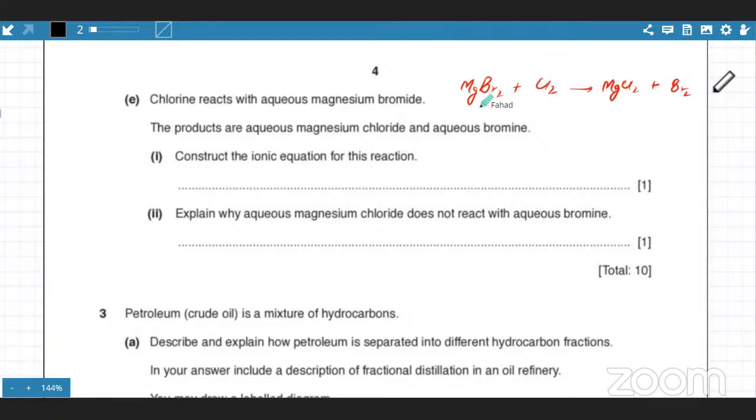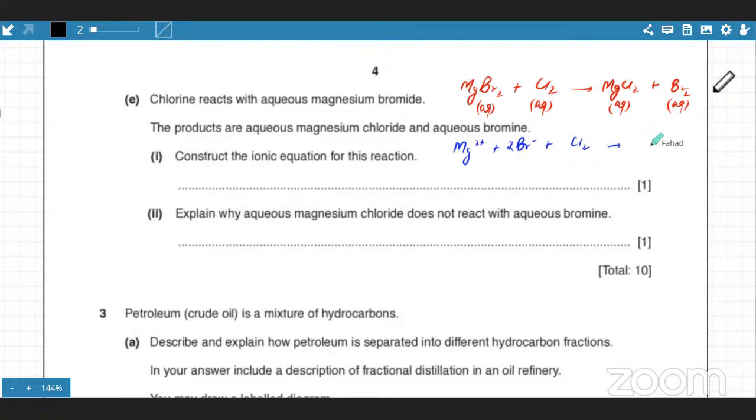When you're writing an ionic equation, if an ion is aqueous and if it's ionic, then you dissociate them into their ions. Ionic compounds, the ions scatter. So magnesium bromide would be the Mg ions and the Br ions would scatter in the solution if it's aqueous, and it's being reacted with chlorine.